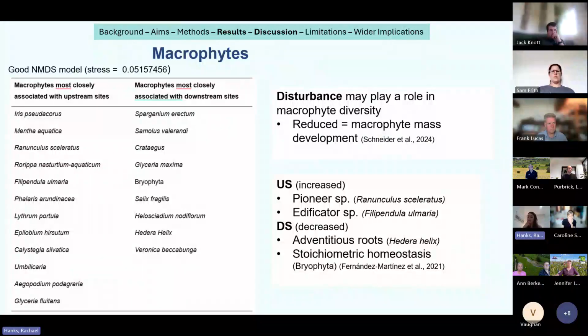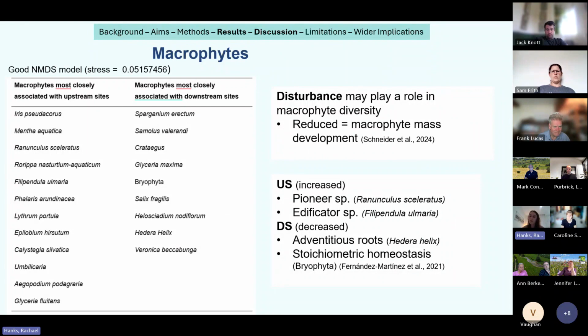So I looked into this a bit deeper, and I looked at what species I actually could observe upstream and downstream. An NMDS model, once again showing me which species occurred upstream versus downstream, showed clustering of certain species upstream and downstream. In this table, on the left-hand side I've got the upstream species, and on the right-hand side I've got the downstream species.